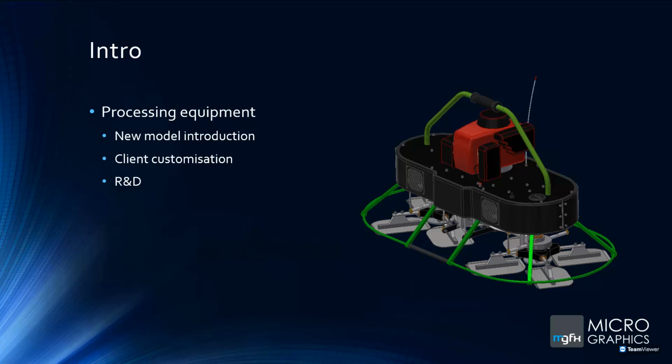Also for R&D, you may create a duplicate of the existing model and use that design file for research and development, changing out the blades design on the bottom of the finisher, changing out motors, things like that. So you'd want to be able to keep the production model intact, but create duplicates that can be used for research and development, client customization.